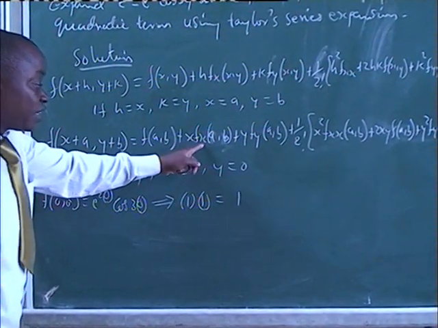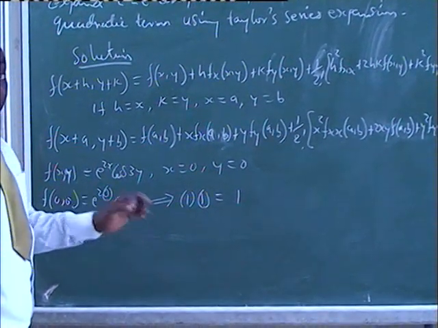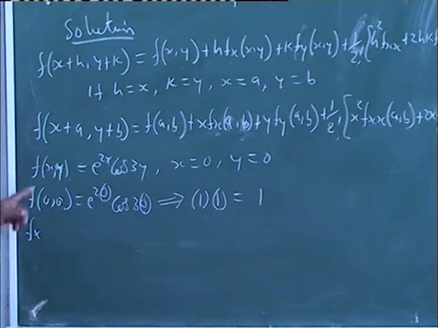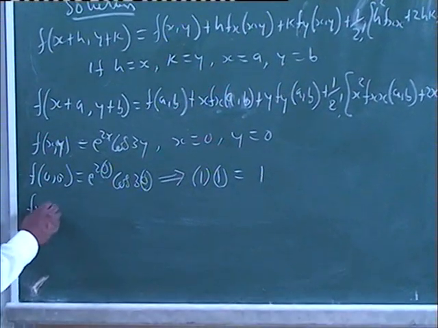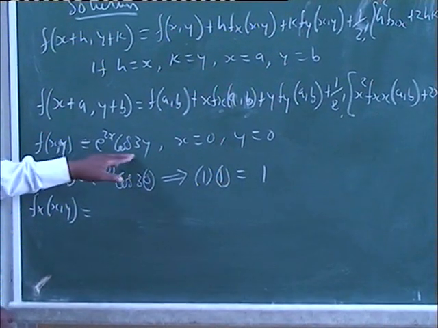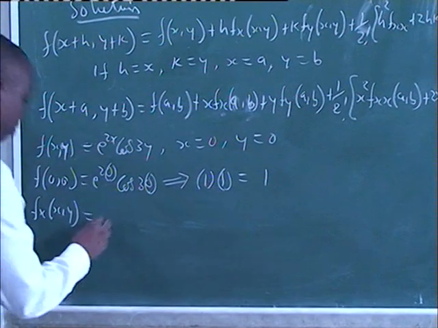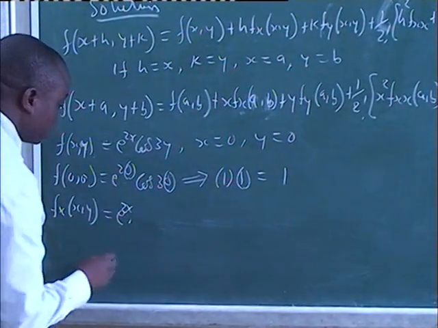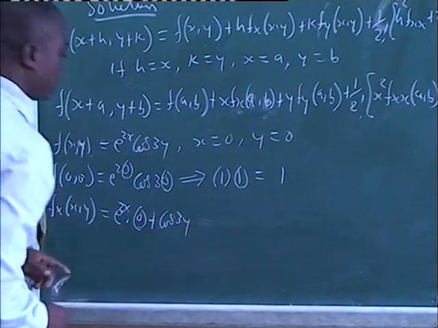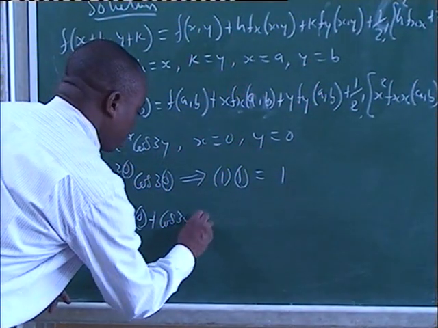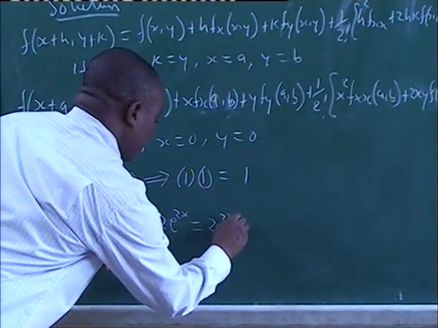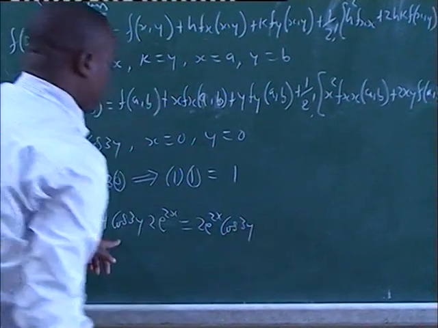The partial derivative of f with respect to x at the point 0, 0. First, let's find the partial f partial x. That is f sub x of x, y. We are differentiating with respect to x, so differentiating this gives us 2 exponential 2x cos 3y.